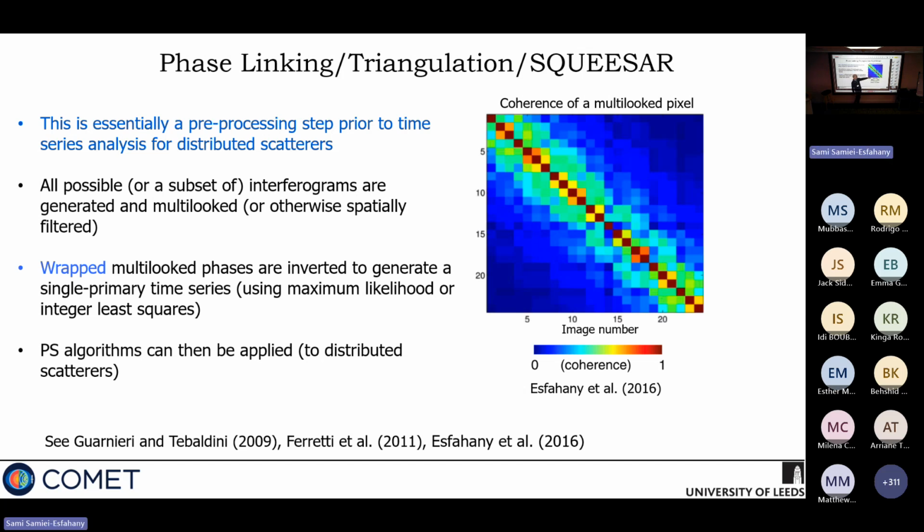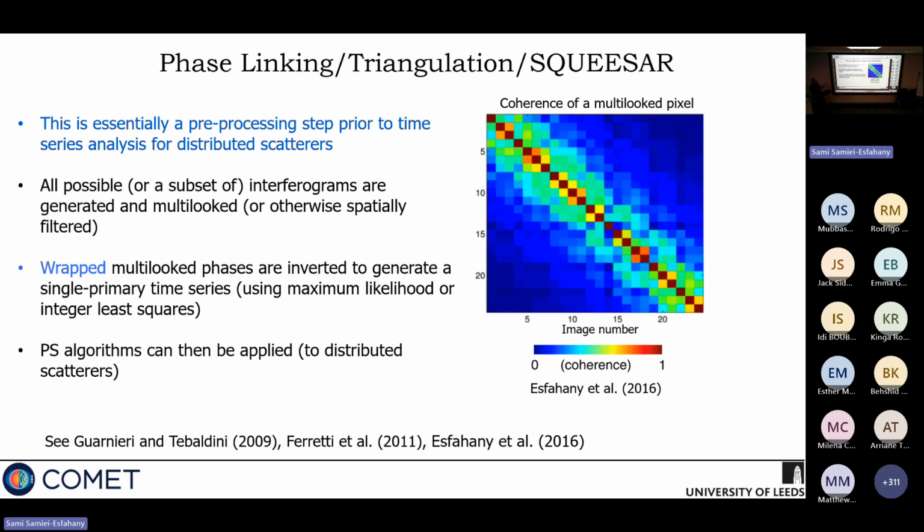But having taken the information from every pixel pair, you can actually get much better coherence and much less noise in your single primary time series. You could think of it as a small baseline approach where you do this inversion step on the wrapped data instead of the unwrapped data.